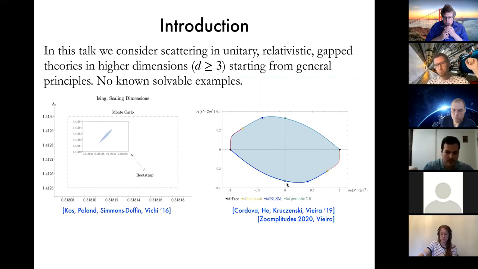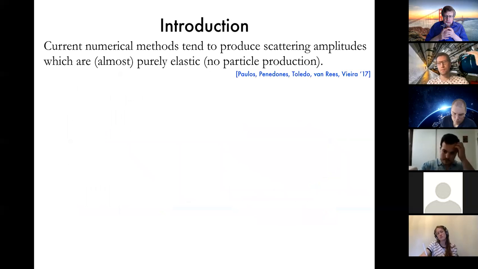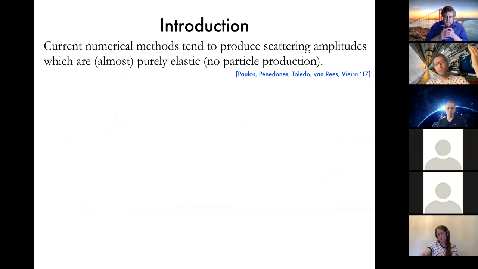In two dimensions, it's fine, there are interesting integrable theories, but in high dimensions, not really. You want to have theories with particle production, say in something like QCD or gauge theories more generally. So we have to somehow improve these methods in such a way that we get theories with particle production. This is something we would like to do, of course.